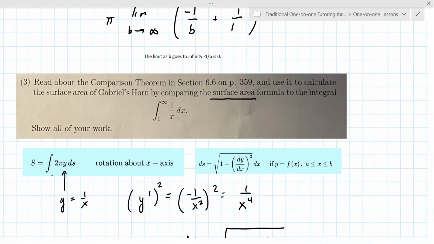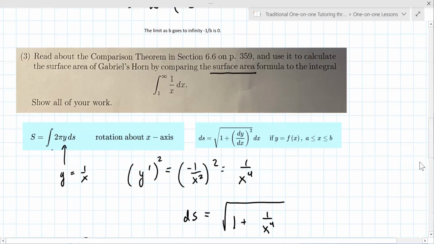Is that why in the next question, number 4, it's asking to explain why some might view it as a paradox? So the paradox is, why can you calculate the volume but not the surface area? Oh, okay. Yes, I guess that is a paradox. I'll leave that for an English class.